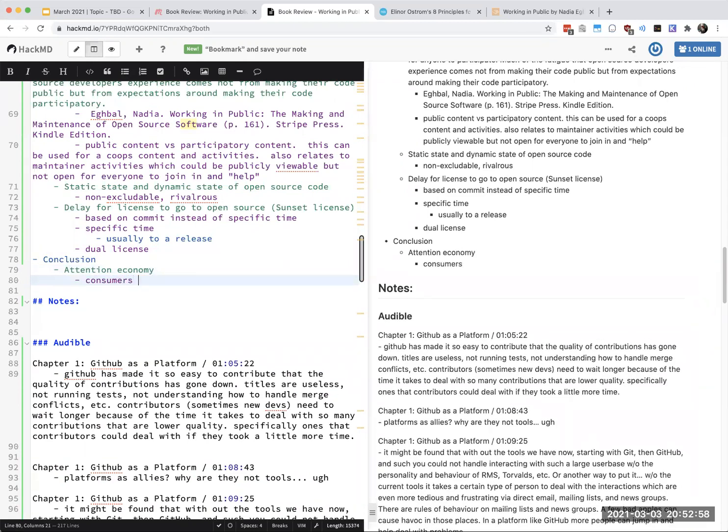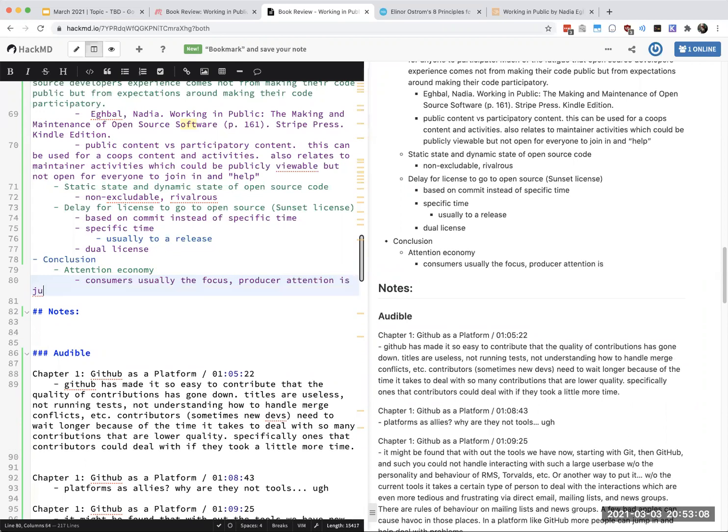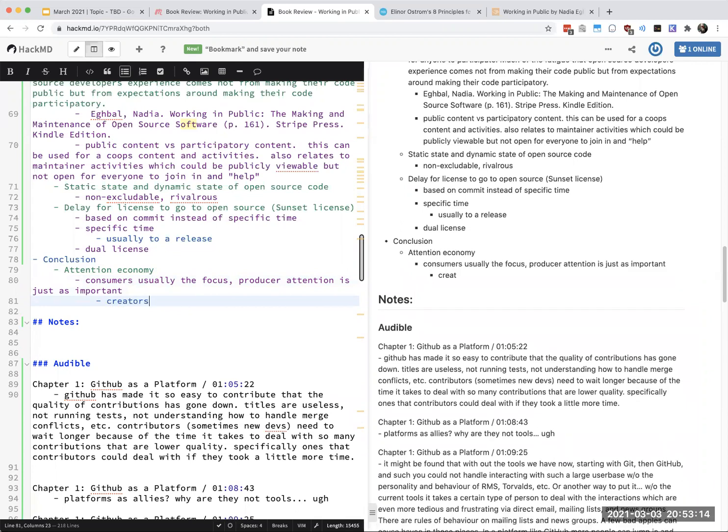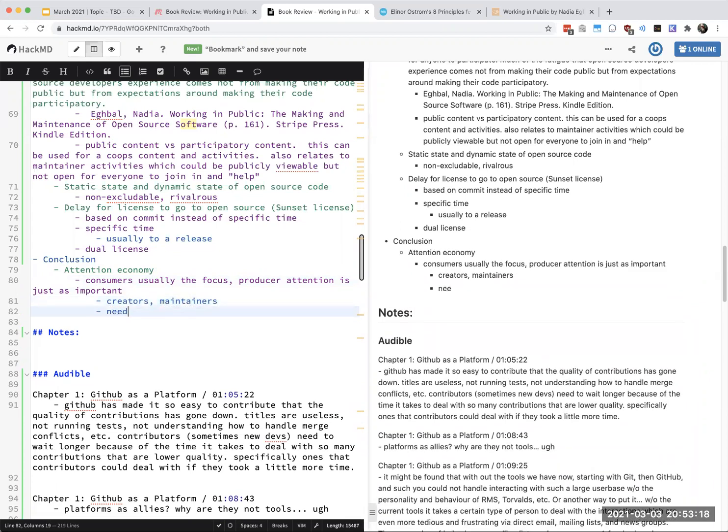So they're saying that these developers, these maintainers, their attention, since it's rivalrous, is a limited amount, and you need to figure out how to manage that. Who's going to pay for it, all of these things.